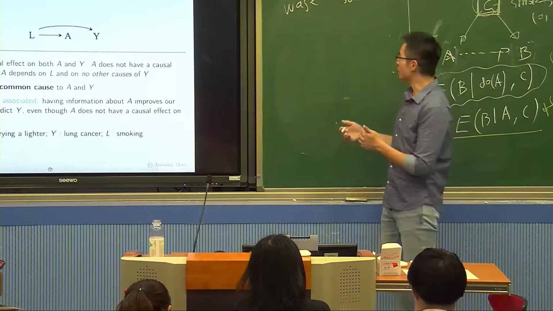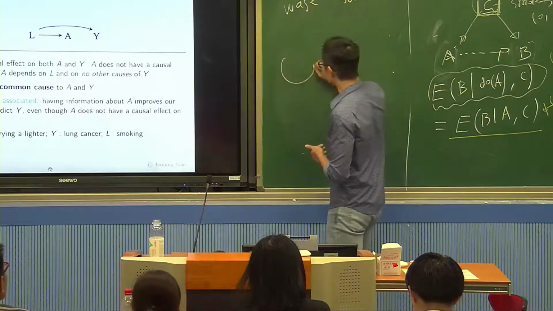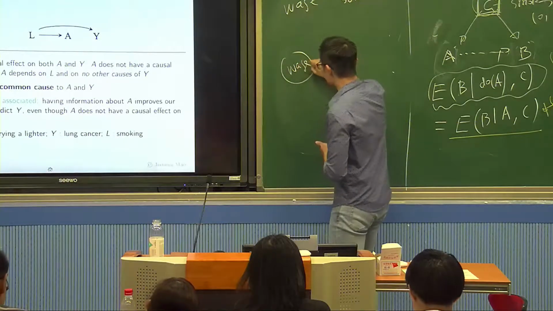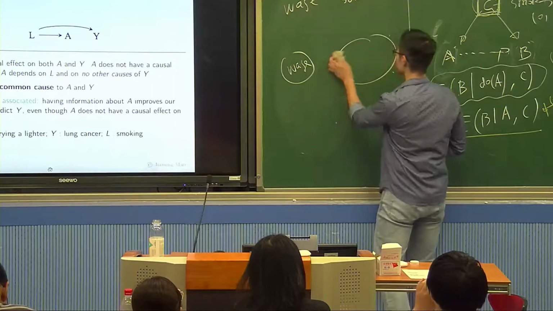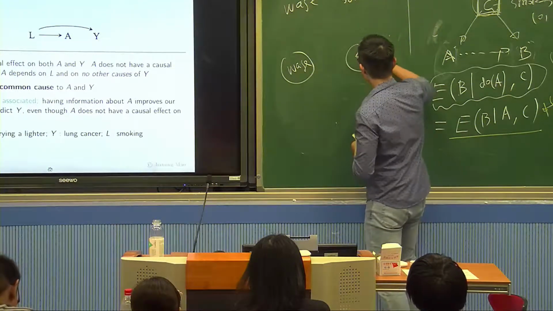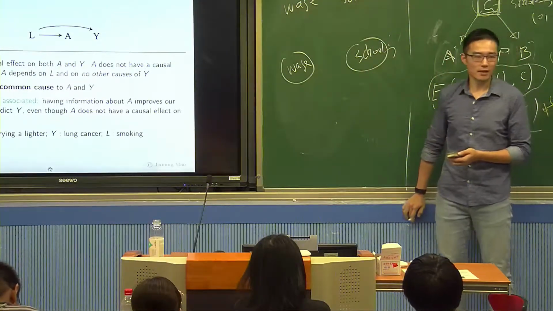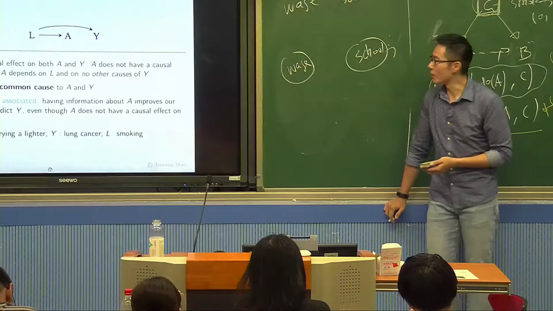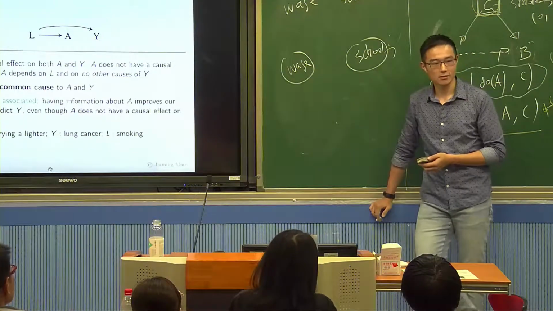So now let me ask you, why is it not causal? So let's say wage is one variable. Schooling is another. Okay. What is the underlying mechanism? Why does the correlation between wage and schooling not tell me causation?